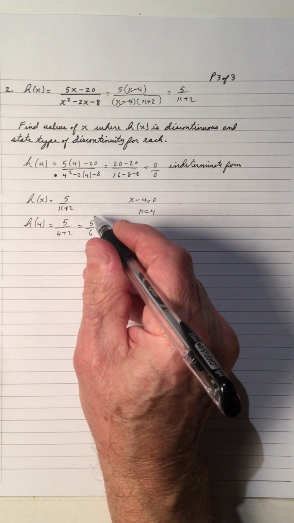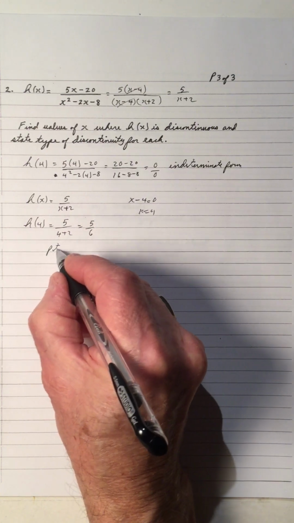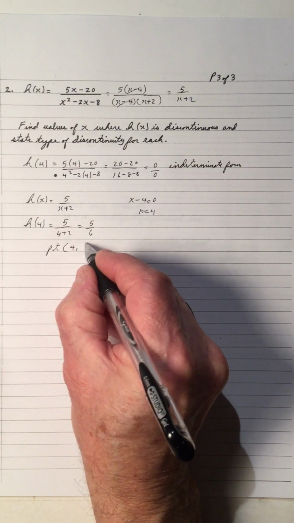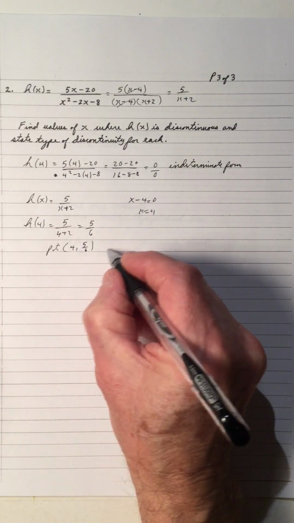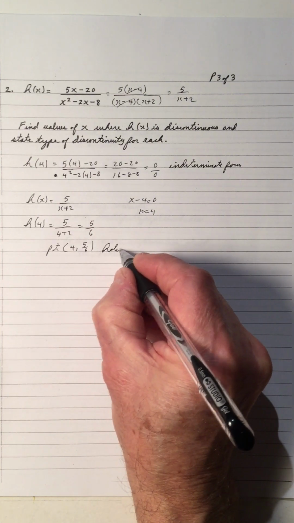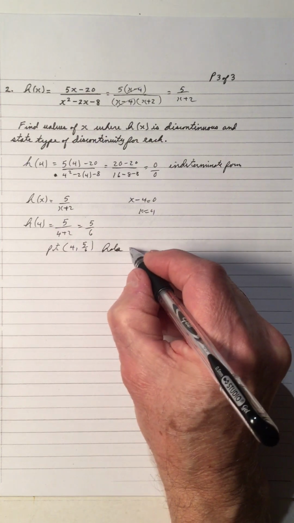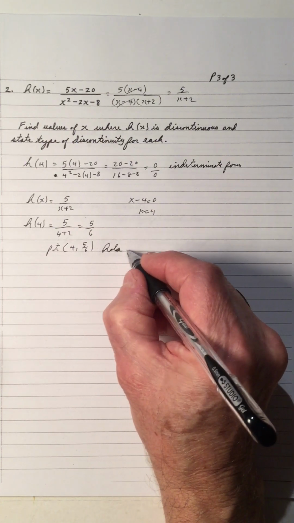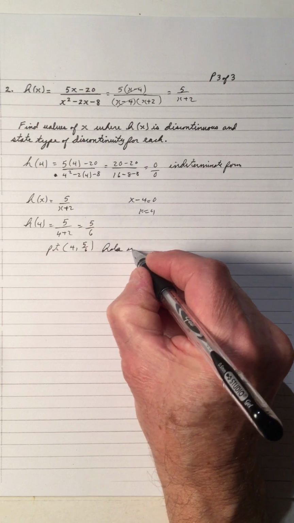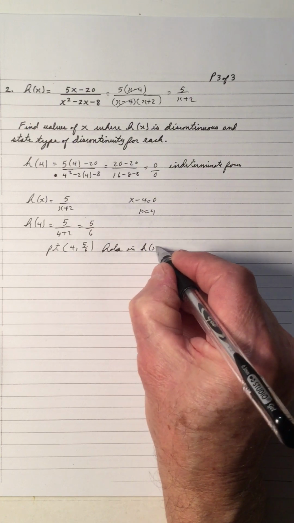So the point 4, 5 over 6 is a hole in the graph of h of x.